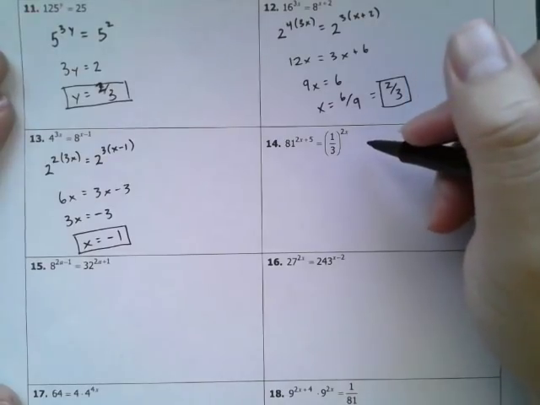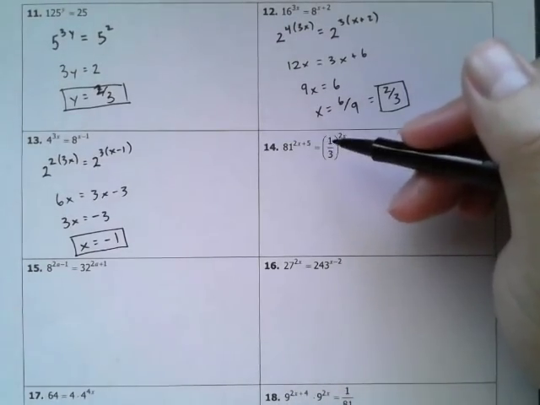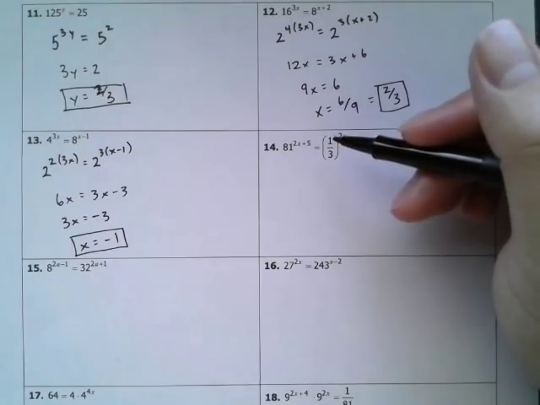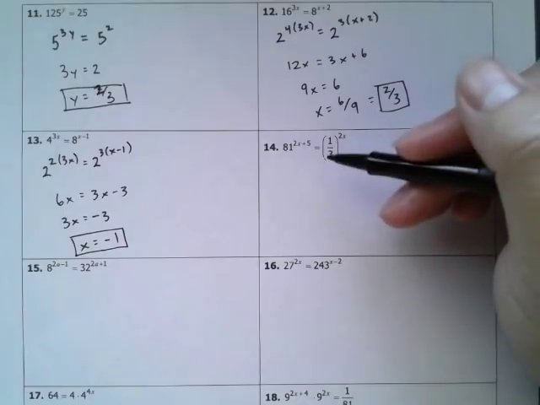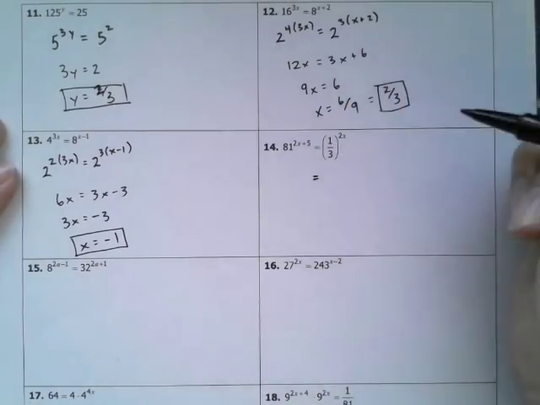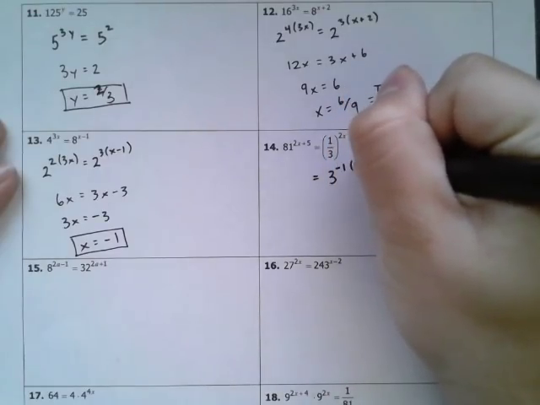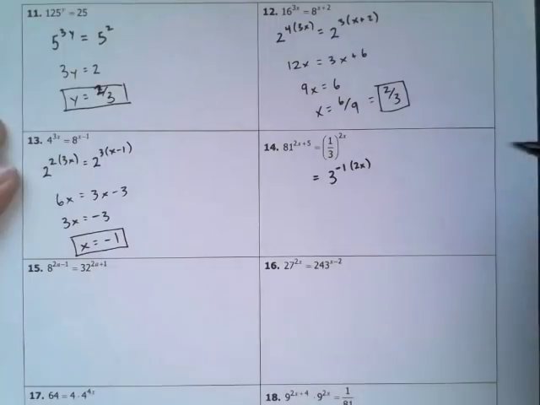Number 14, I have a fractional base here, but again, you can rewrite this. Whenever you see something like this, you're going to be dealing with a negative exponent, so I can rewrite the right side here as 3 to the negative 1 times 2x, because it's still there.